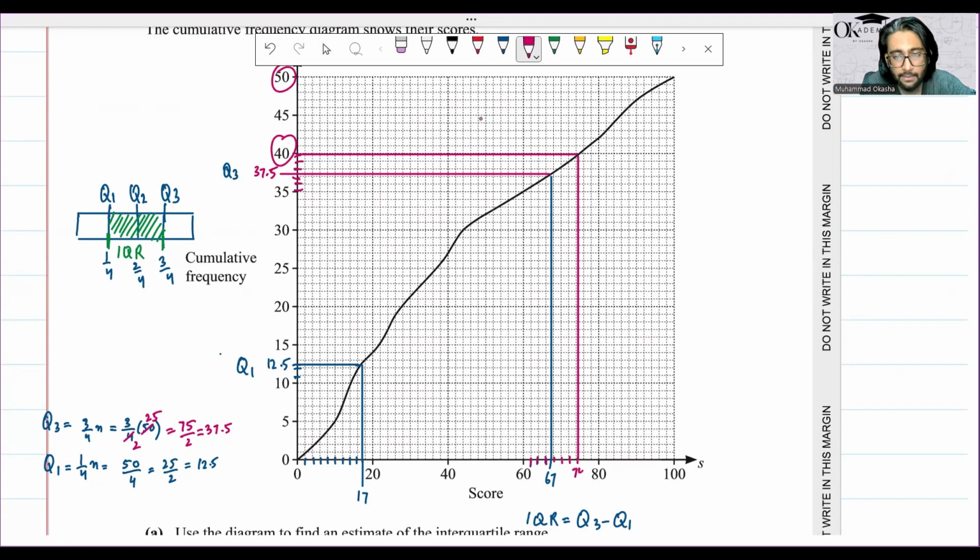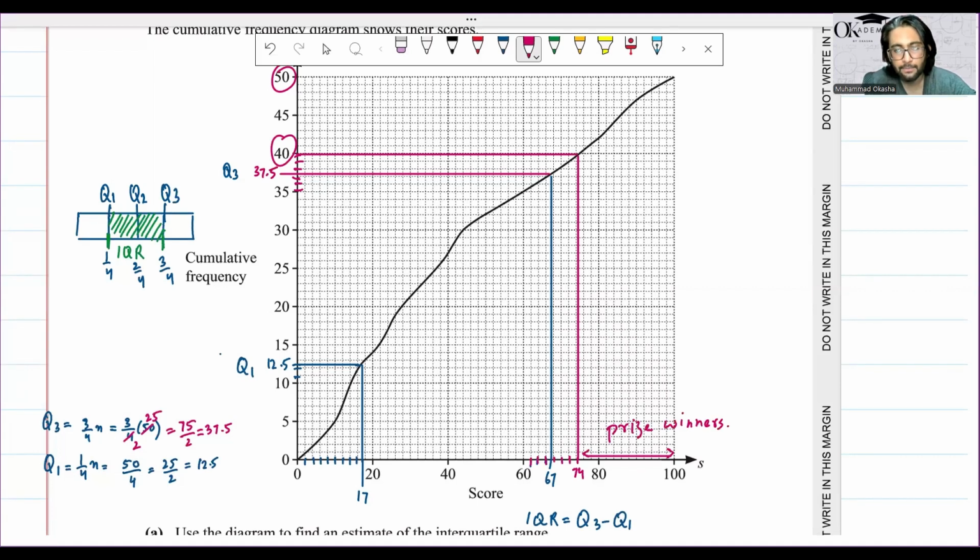I think 74 is the minimum score which is needed to win the prize, right? Afterwards, anybody who scored more than 74 won the prize. That's the idea. So all of these above 74 are all prize winners.